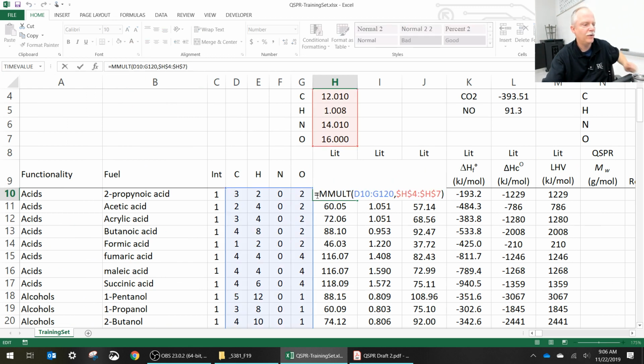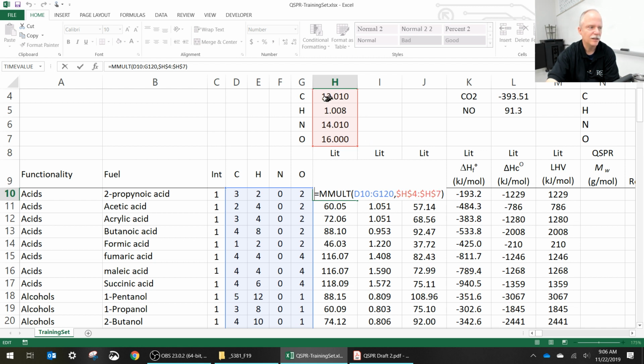And so look how we can do this matrix multiplication in Excel. It's the mmult function, and we have a block of data. So we have mmult, and then you give it the initial block of data, all 120 rows. We have 110 compounds. And then we have that multiplied by our relationship matrix.